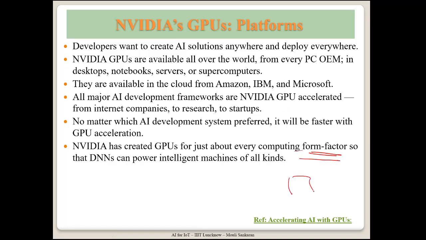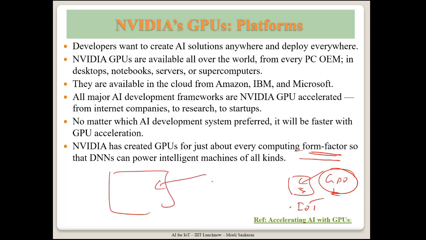You may need a smaller version for an IoT device. The same NVIDIA GPU, as a low-power device with reduced features, will be available for IoT, whereas for the cloud, NVIDIA will be supplying chips with all kinds of features, very power hungry, that can take more data and operate on it. So the same family of GPUs is available for IoT edge devices as well as for cloud.